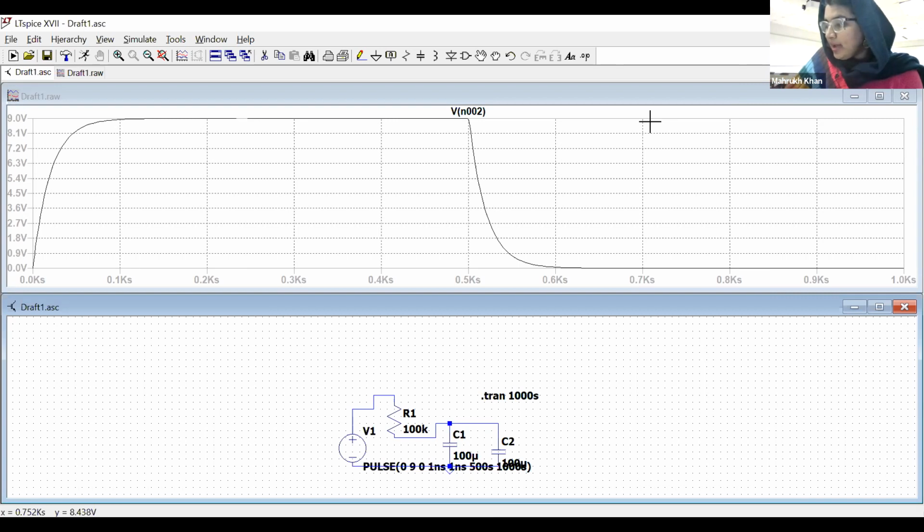Any other question you have? If you have any question, you can ask me regarding the circuit building. It's not difficult because you just have to do capacitors in parallel and resistor in series and voltage source.